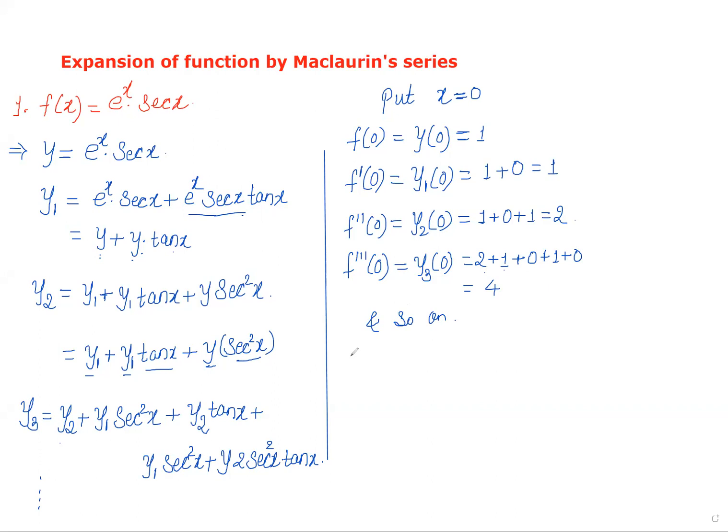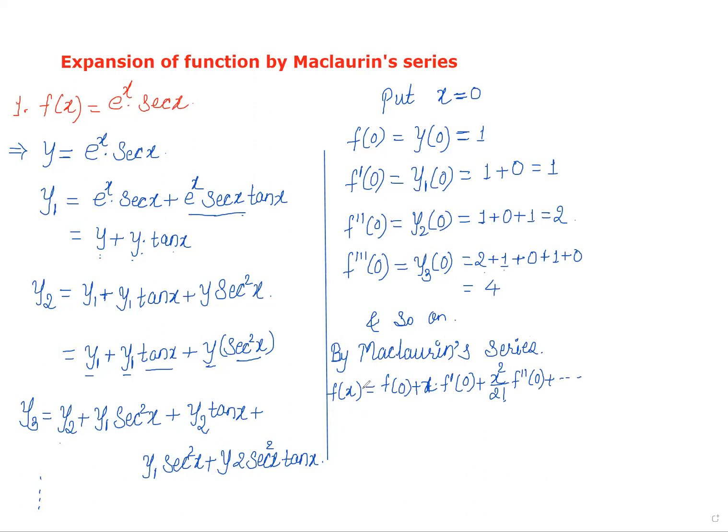Now, by Maclaurin series, f of x is equal to f of 0 plus x into f dash at 0 plus x square by 2 factorial f double dash at 0 plus so on.